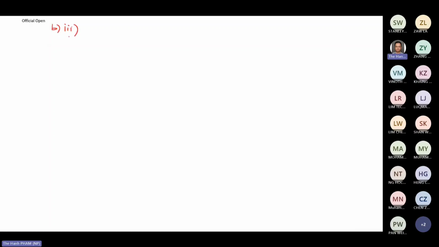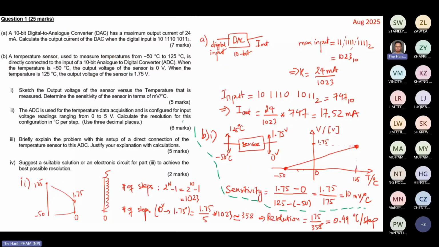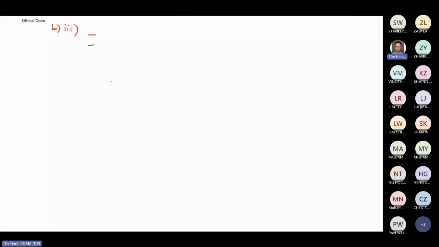Now, what is the problem with this? You can answer in your own words, in your own voice. A few things you can mention here, right? The output, the V out of the sensor.